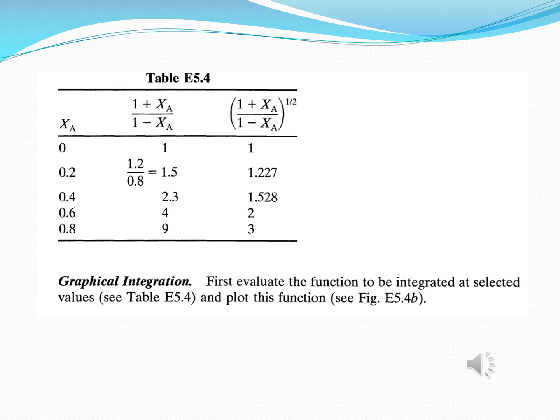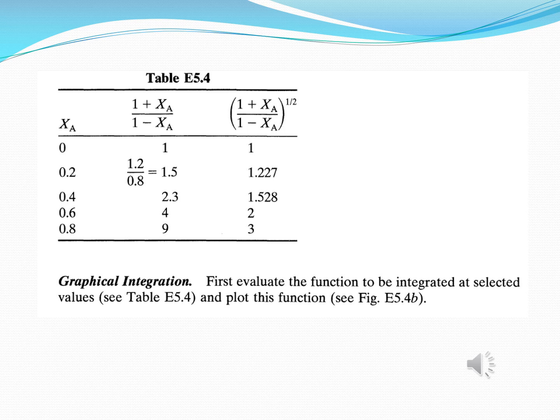So here you can see we have divided the xa value into various small fractions: from 0 to 0.2, then 0.4, 0.6, and the final one is 0.8. We have to solve this expression, 1 plus xa over 1 minus xa.